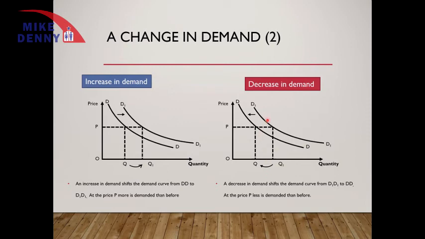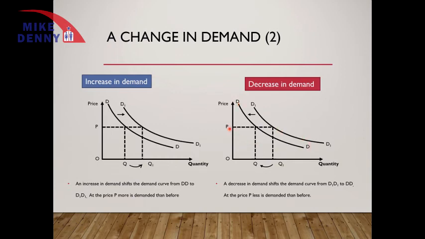Then a decrease in demand is the reverse. It is the shift of the demand curve to the left. So this demand curve has moved to the left and has taken a new position, which is now DD. So what is happening now?